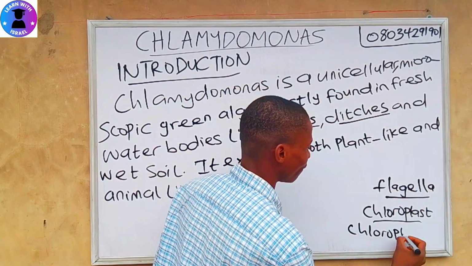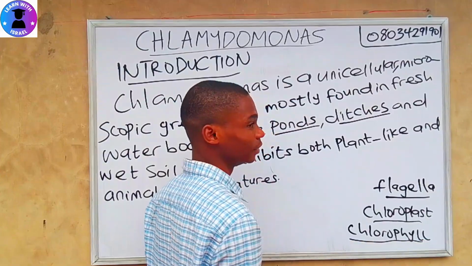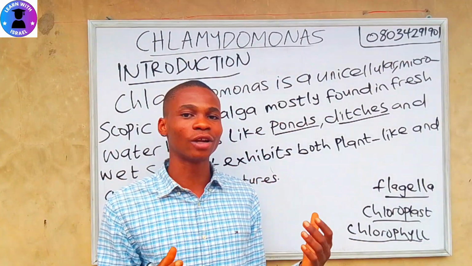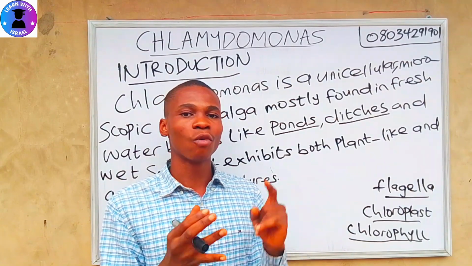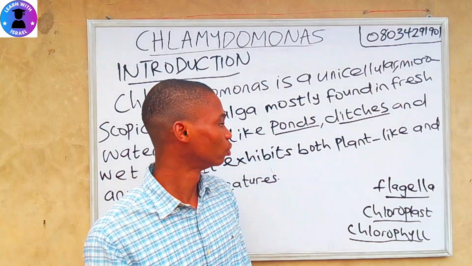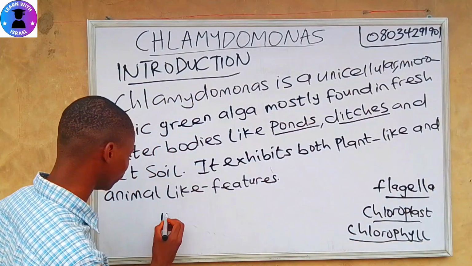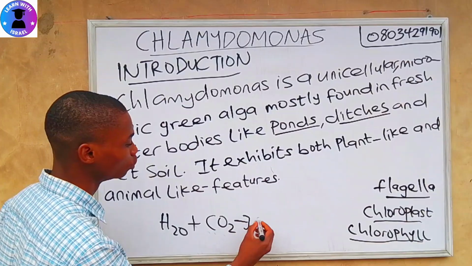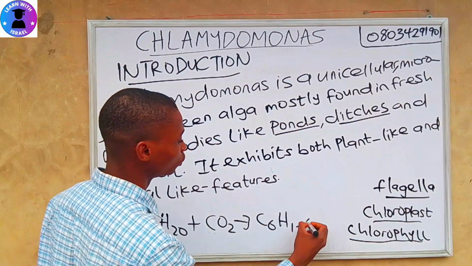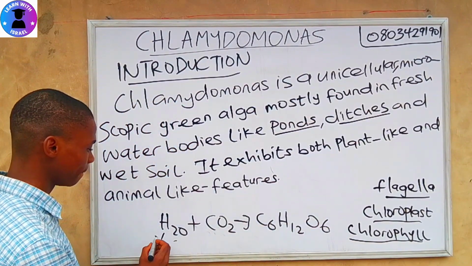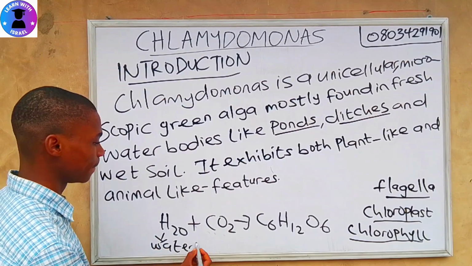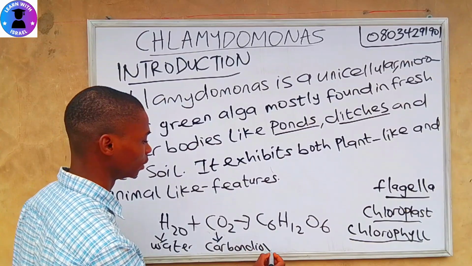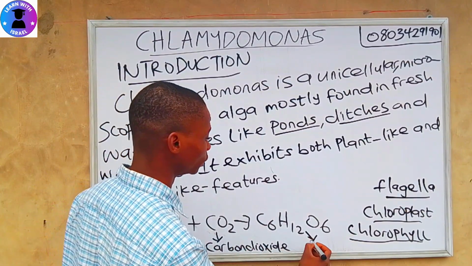Chloroplast and chlorophyll are found in Chlamydomonas, which are used to capture sunlight in order to convert water and carbon dioxide to glucose.